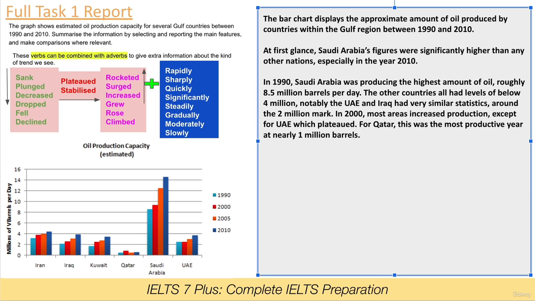And then maybe we could do another line of just noting what else is happening. So UAE, Qatar, Iran, Iraq, and Kuwait follow the same trend actually. Oh, and Saudi Arabia. We could talk about how they're all in a similar range to each other. Kuwait sees quite a big jump there.